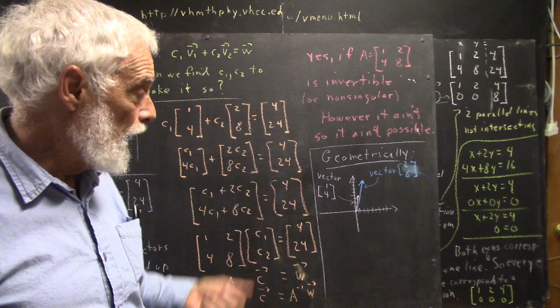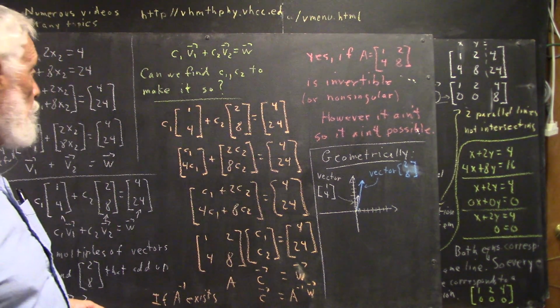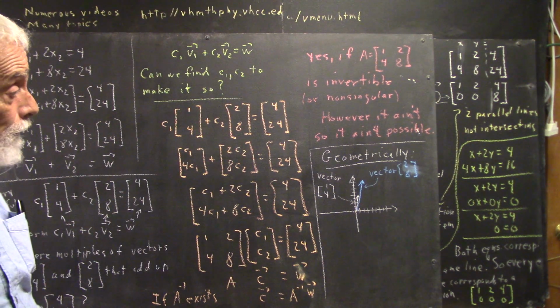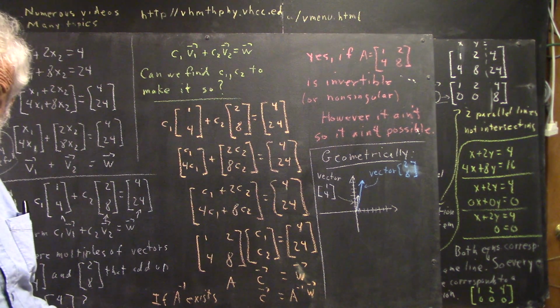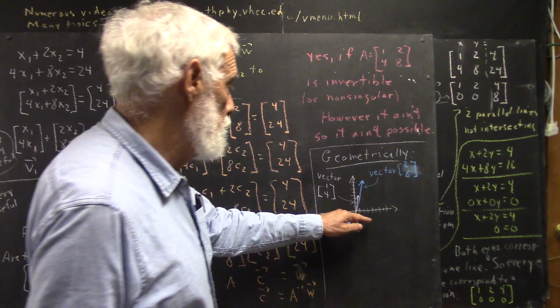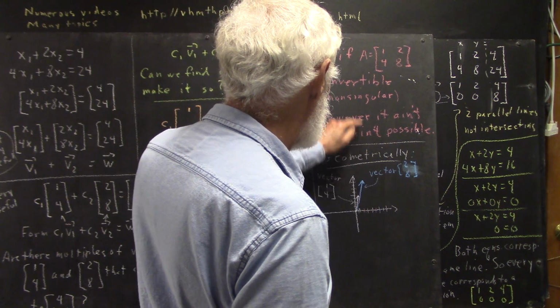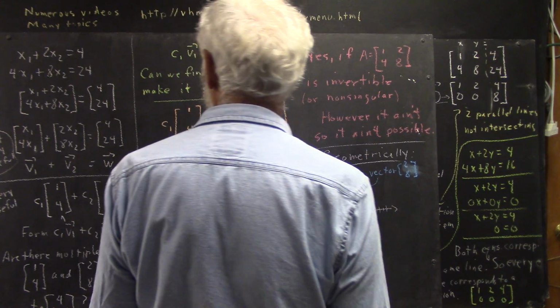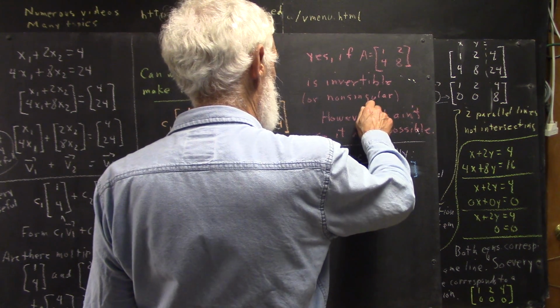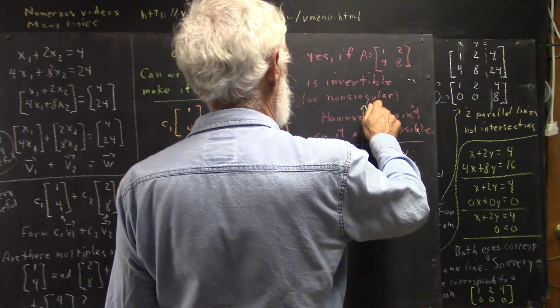Now we want to be able to add those vectors in order to get the vector 4, 24. Now where's the vector 4, 24? Well, unfortunately, I chose a bad, big set of numbers. 4 would be over here, and 24 would be 6 times this high, so 4, 24 would be up here somewhere.